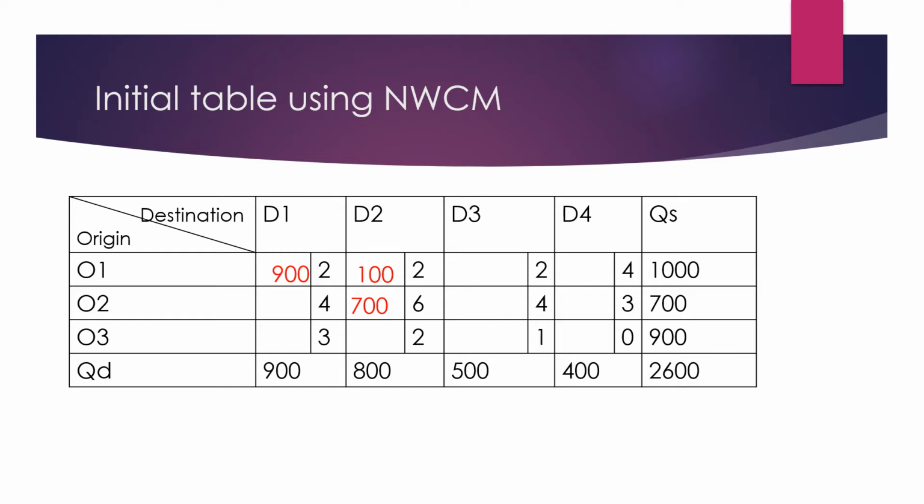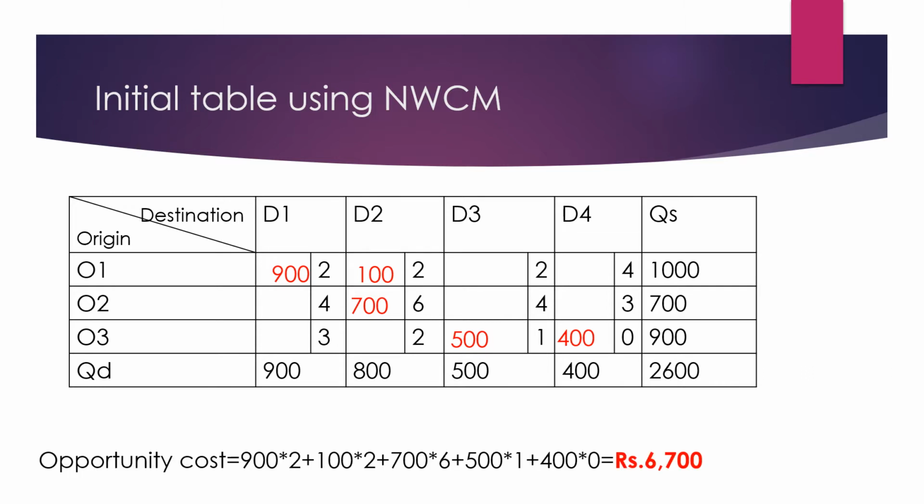Now, what is the next northwest corner cell? That is O3, D3. How much are we going to allocate? Whether it's 900 or 500. I always say that we have to go for the lowest quantity. Here, the lowest quantity is 500. Therefore, we are going to allocate 500 for this area and the balance 400 is going to O3, D4.